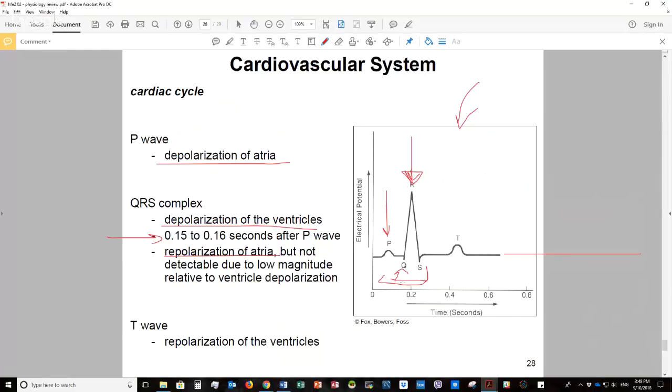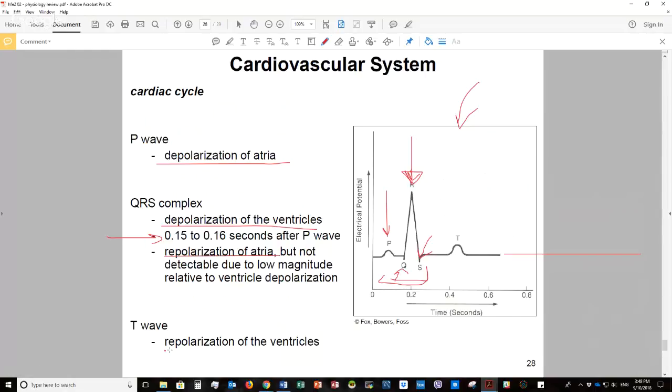Well, that's not detectable, but on this S, as it comes back, as those pathways in the ventricle are repolarizing, getting ready to go again, it may overshoot. Just like in a neuron, it gets down to negative 90 millivolts, even though at resting it's supposed to be at negative 70. So I believe that's what's going on here.